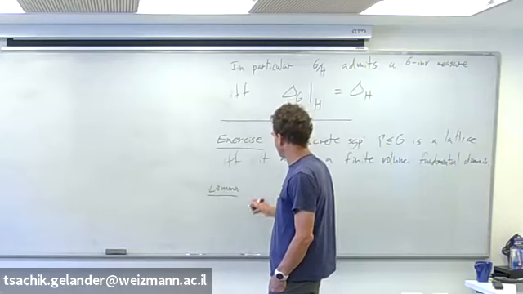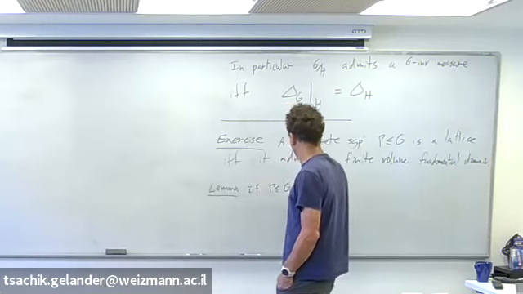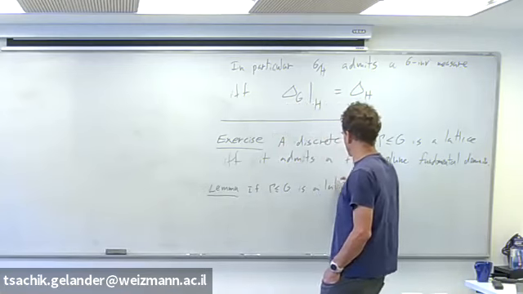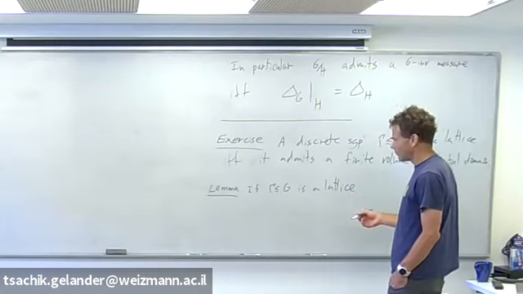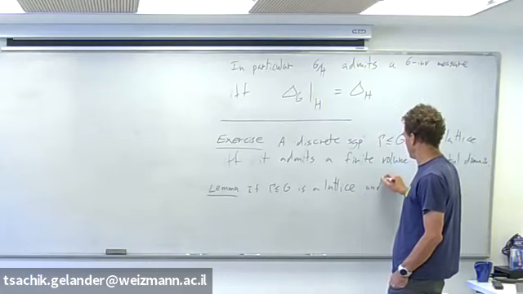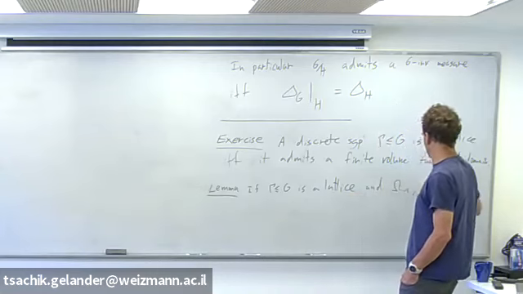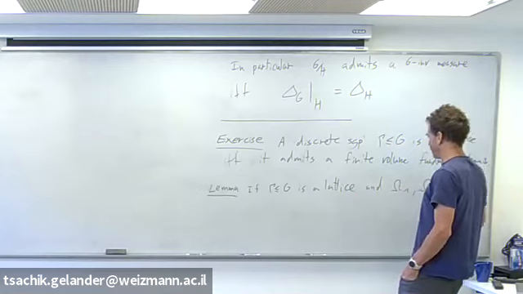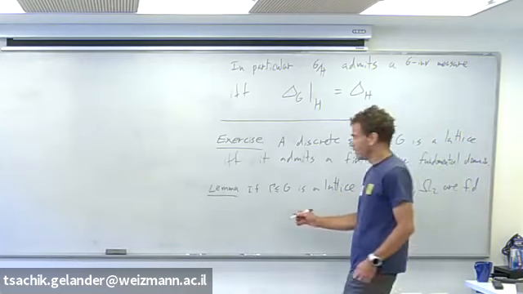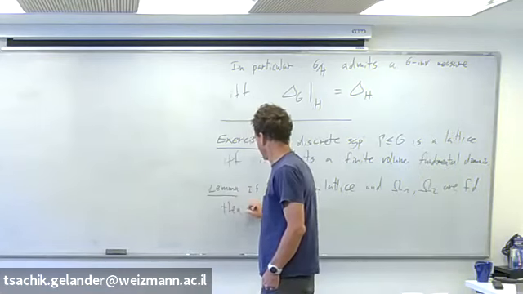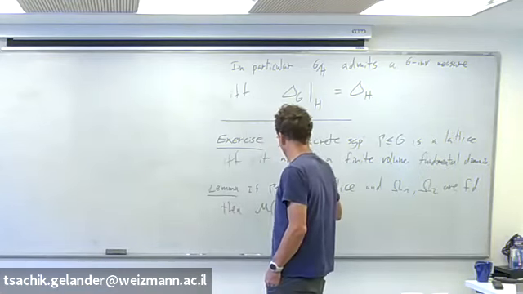If Gamma is a lattice, then the covolume is well defined. What do I mean? If Omega 1 and Omega 2 are two different fundamental domains, then they have the same measure.